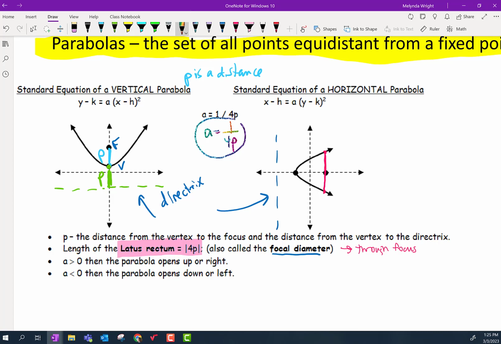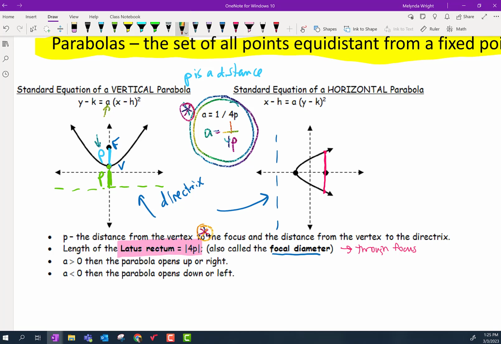This is a formula that shows the relationship between A, which is this right here, and P, which is that right there. These two formulas you would have to memorize. So let's put a star by them. You need to know that for parabolas. Two little baby formulas.